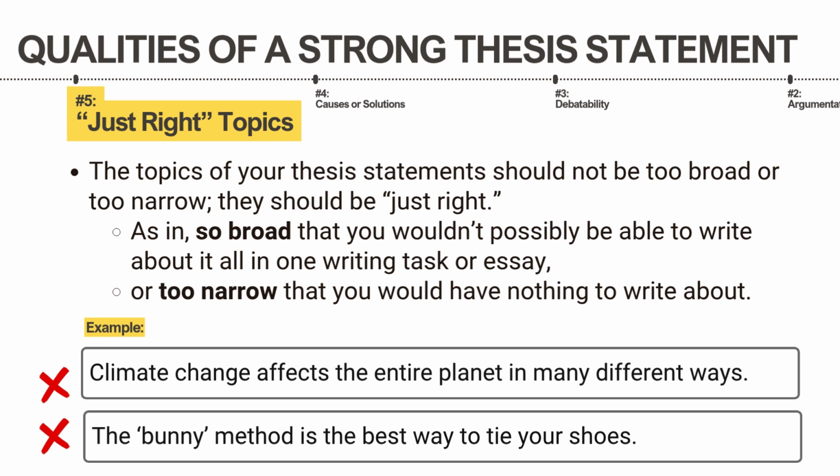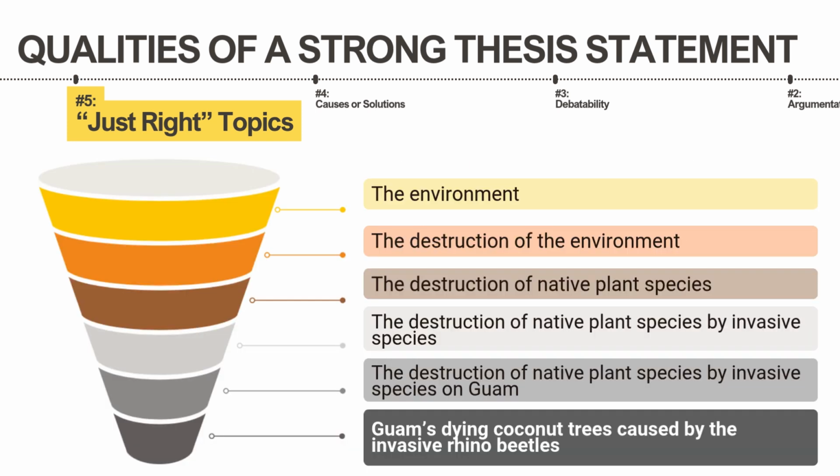The second one, the bunny method is the best way to tie your shoes. This is too narrow. We would literally have nothing else to write about after a couple of sentences as to why it's the best way. Oh, because you just make this loop, then you do that loop, then you tie it, and it's easy, and then we're done, right? So these are examples of too broad and too narrow topics. So, how do we take a really broad topic and narrow it down to where it's just right enough?